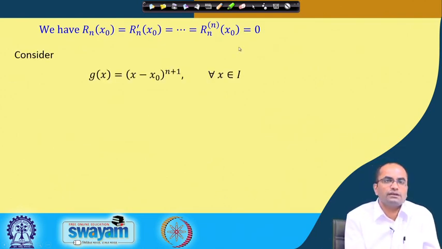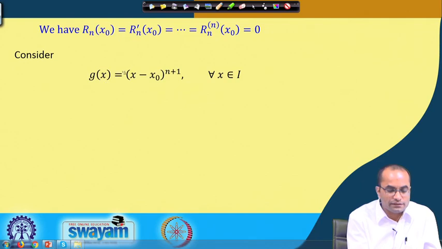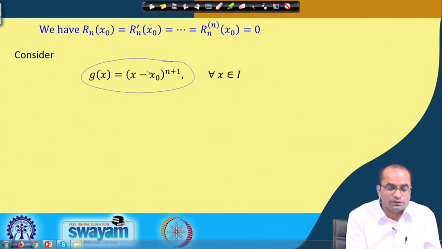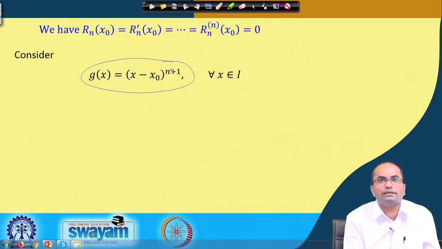Now, we consider another function, g x, equal to x minus x 0 power n plus 1. This function also has the property that g at x 0 will be 0, and in fact the first derivative, because of n plus 1 times x minus x 0 power n, will also become 0 at the point x 0, and so on.